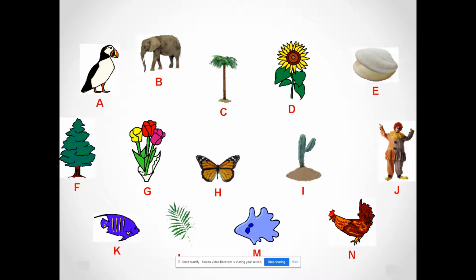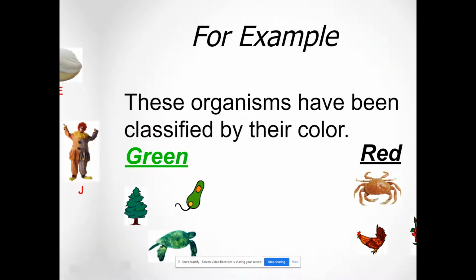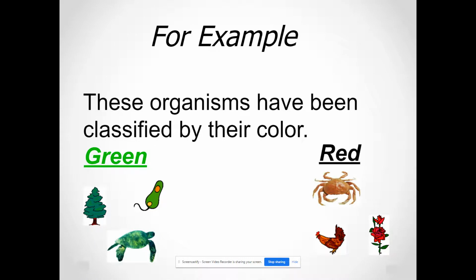Y'all going to call it roses? What y'all say, tulips? Yeah. All right, so we're going to say tulips. So now we have classified the sunflower, so we can put an X on that because we're done with that. And we can put an X on this because we're done with this, correct? Yeah. Now we got to move to the trees.